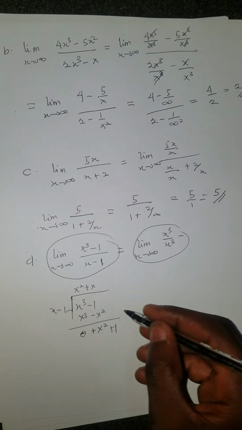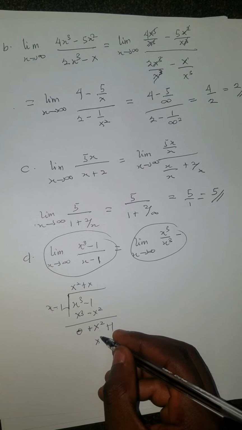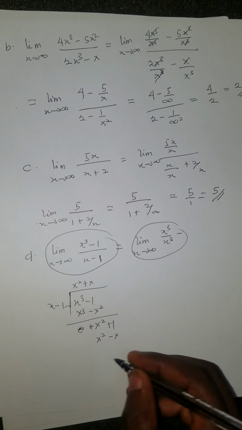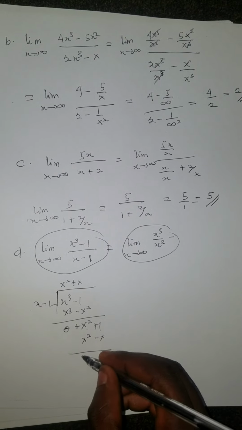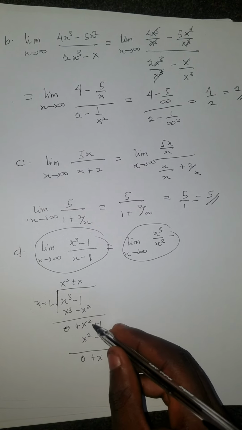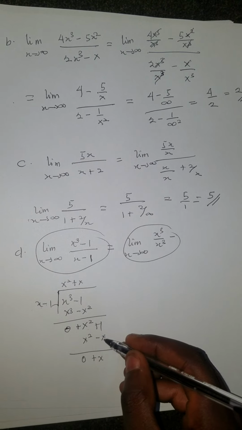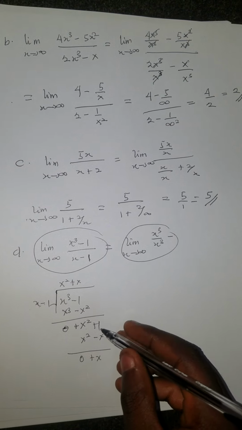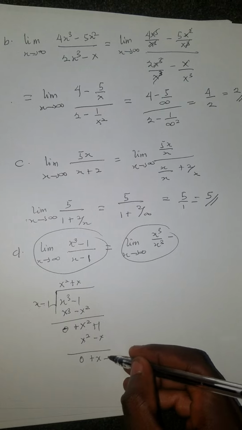It is x. When you multiply it, you get x squared minus x. When you subtract, you get 0 plus x. The same thing, there is a 0x here which didn't appear. If you subtract 0 minus x, you get positive x. Then minus 1.